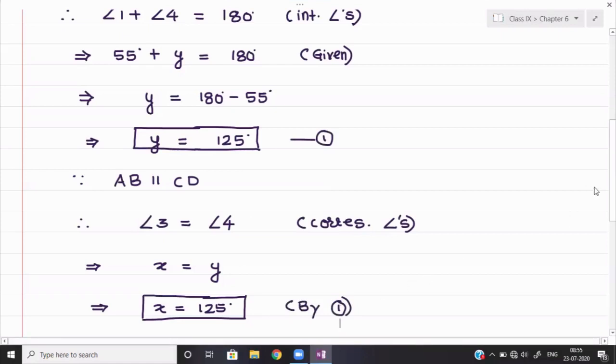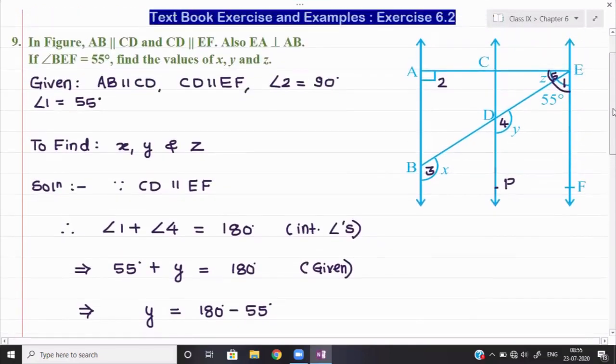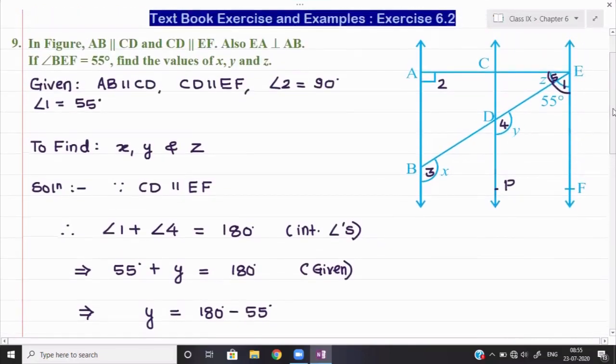Now see, I need to find out the value of z here. Because z, meaning angle number 5, is remaining, so that we need to find out. So see, here I am taking one angle along with the x, that is angle number 6, because now we do not have any option to take the value of 5 directly.